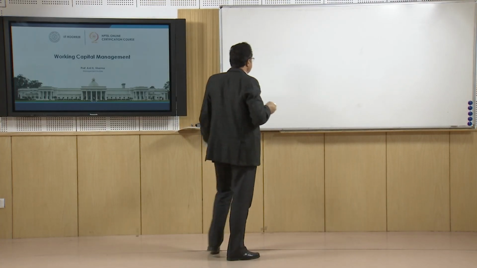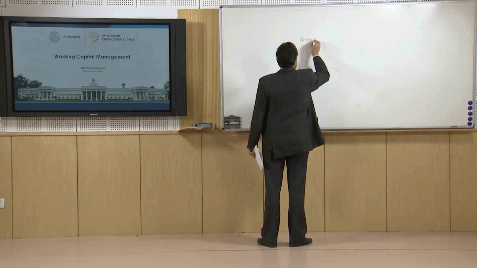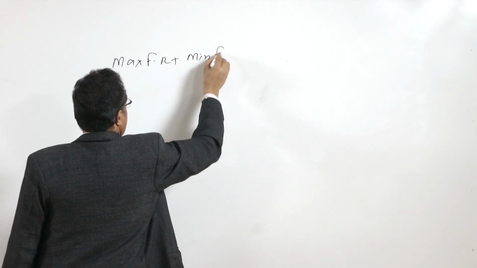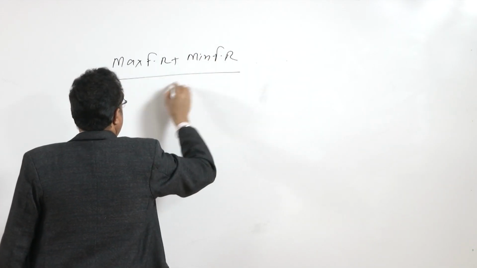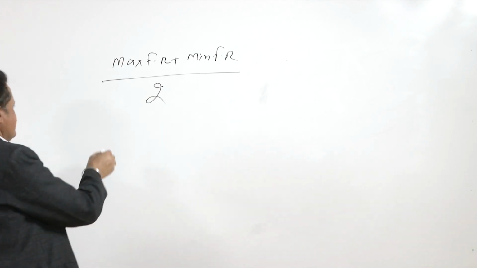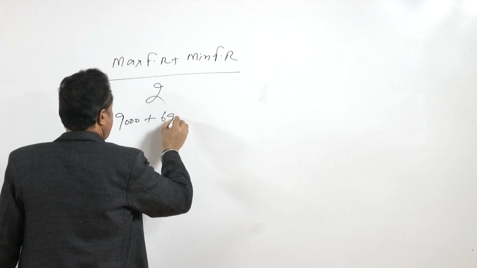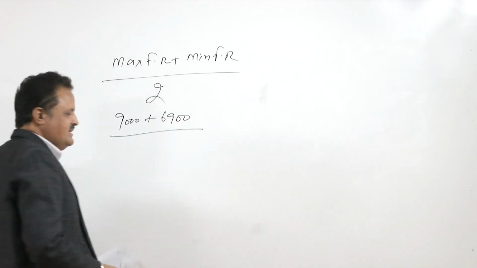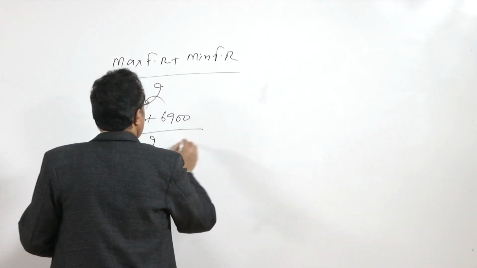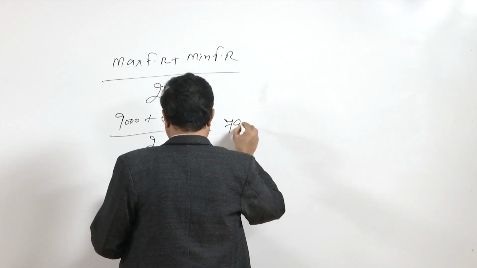The trade off will be worked out as maximum funds requirement plus minimum funds requirement divided by 2. So what is the maximum funds requirement here? 9,000 plus what is the minimum funds requirement? 6,900, and it is divided by 2. So what is now the new requirement we have worked out, the result of the trade off?